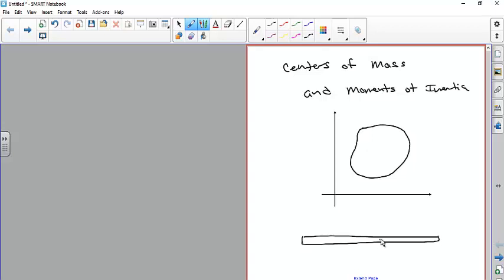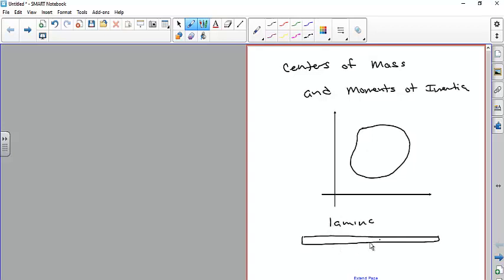As I said, we typically looked at situations where it was just a uniform beam, and therefore this geometric center was the center of mass. And what we're going to do is figure out what the center of mass of an object is. We are limiting ourselves to what are called lamina.